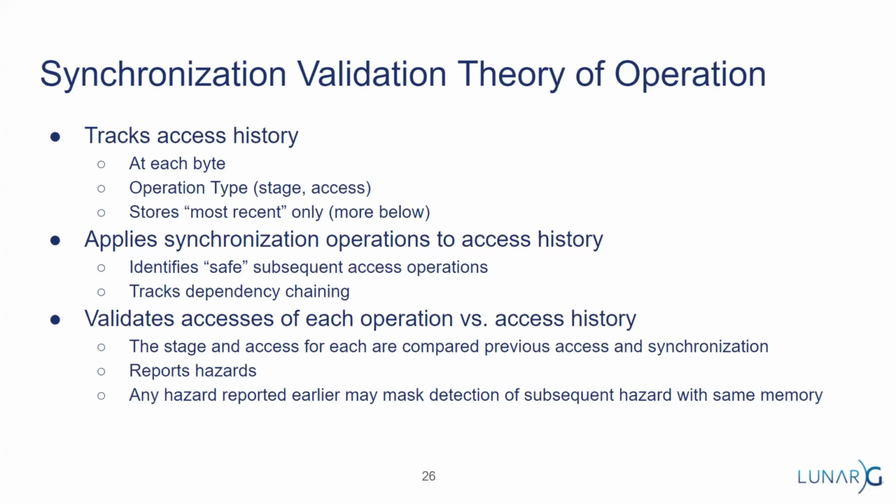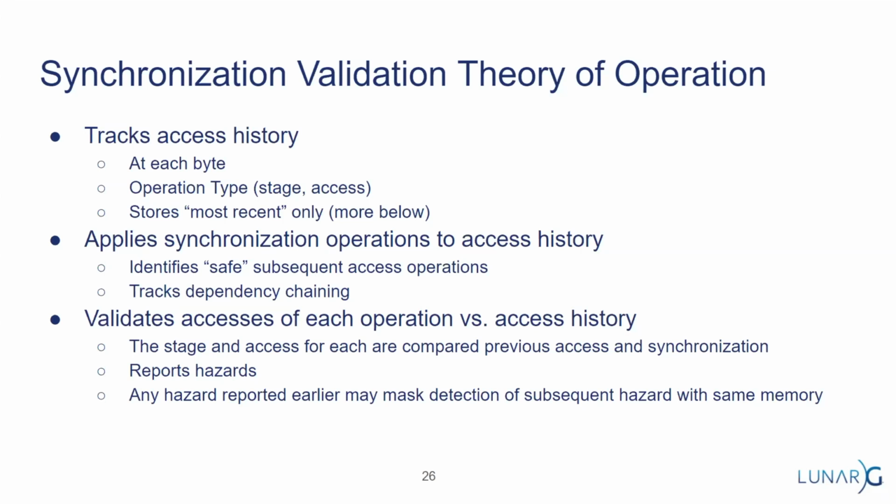If you read the white paper that we published earlier this year, it talks a bit about the theory behind most recent access. Effectively, the logic is, if there's a barrier between my current access and some less recent access, then there was already a hazard between an intervening access and that access with which I would have hazarded. So we can get away with that shortcut, thankfully.